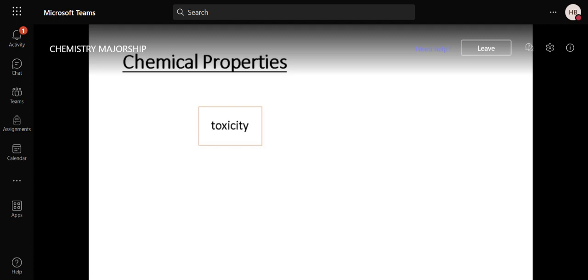Toxicity. Ito bang substance na to ay poisonous? Or not? So there's only one way to find out. Good luck na lang po. Next, oxidation. Yung apple, for example, di ba? Ni-slice mo. Ano nangyari? After some time, nangitim. Nag-oxidize siya. Nagre-react siya with oxygen.